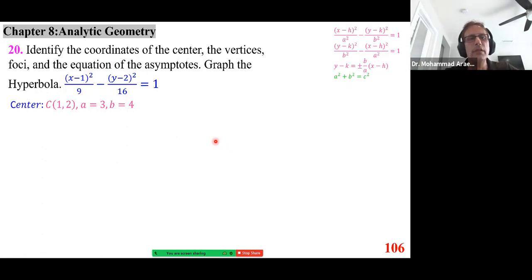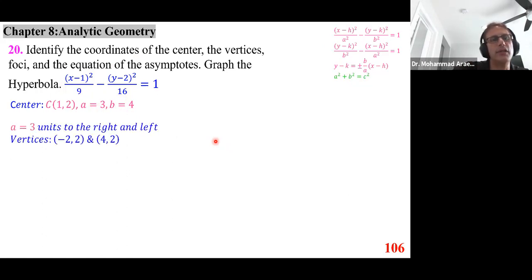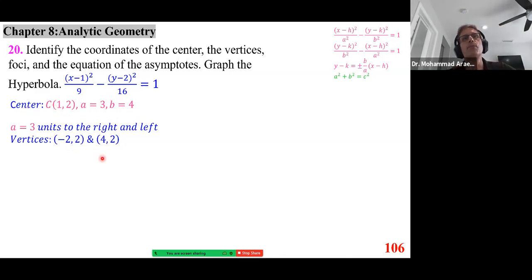Now, from the center, we go a units to the right and left. Here's the center, and we say it opens sideways because it has a positive value. So a units to the right of this and to the left of that. Those are the vertices. To find the foci, we use the fact a squared plus b squared equals c squared.